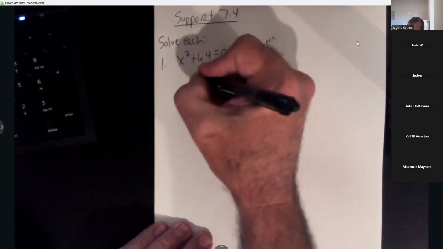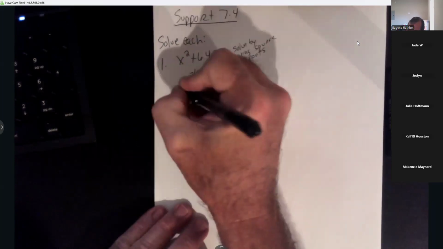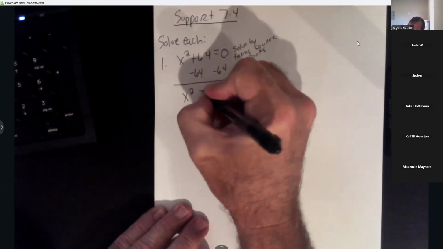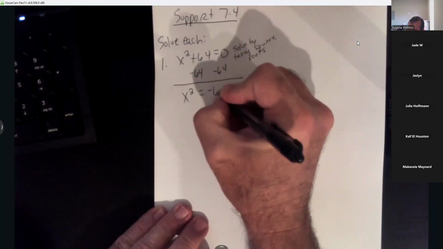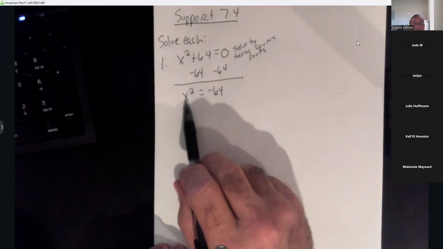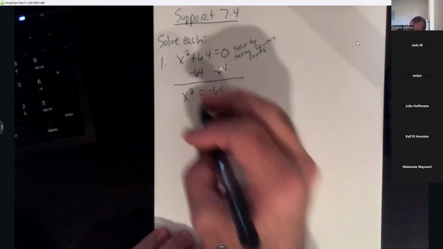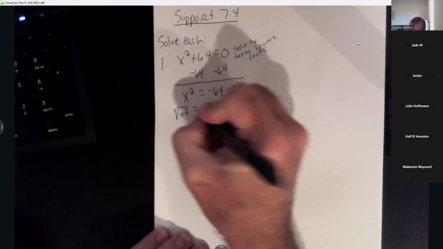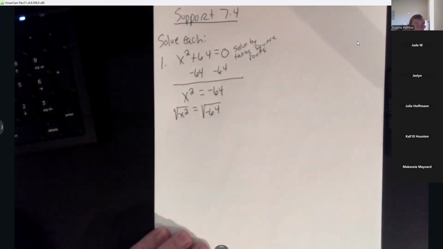So to get the x squared by itself, I would subtract 64 from both sides. That's going to bring down my x squared. That's going to cancel. And 0 minus 64 is a negative 64. Once you get the x squared term by itself, you're going to take a square root of both sides. So square root of x squared will equal the square root of negative 64.